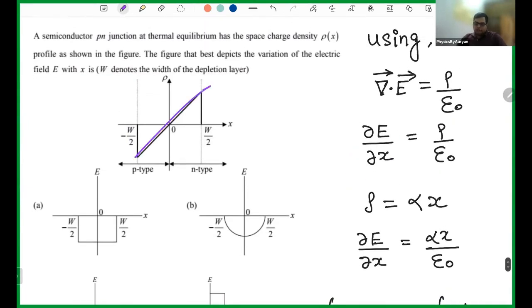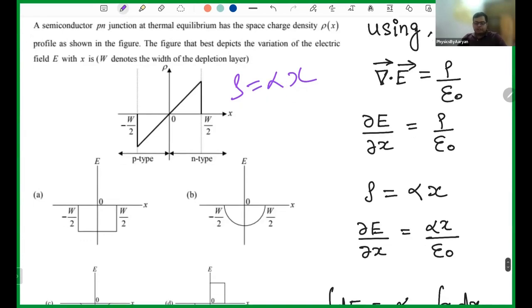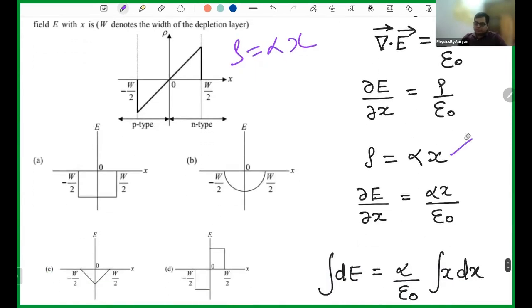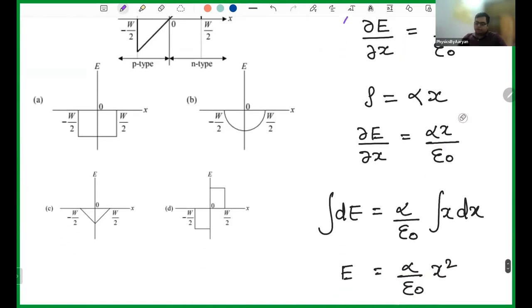Now rho is a straight line, so rho can be written as rho equals rho naught times x, like y equals mx, because the intercept is 0. You can also write rho equals alpha x, anything. So rho is alpha x. Now dE by dx equals rho by epsilon naught, and the value of rho is alpha x.